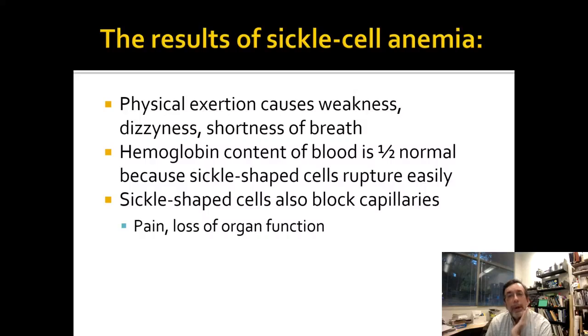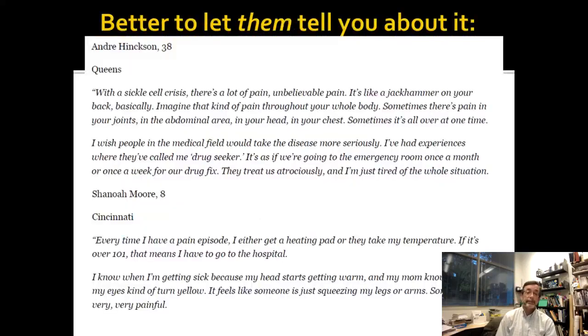What is the organ that has small capillaries that the blood passes through in order to be filtered? It's kidneys. So you would predict from this that sickle cell anemia would have problems with the kidneys, and that is exactly true. But it's better to look at it, and here are 2 different ages of sickle cell anemia sufferers.